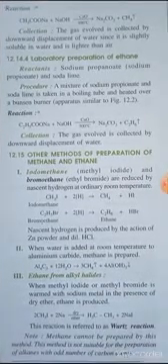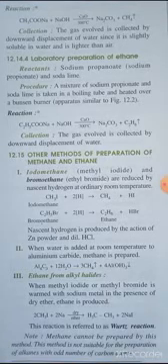So you can see hydrogen is replacing this iodine, or iodine is replacing hydrogen. That means hydrogen is reacting with iodine and forming hydrogen iodide. As a result, hydrogen is moving towards iodomethane and forms methane.